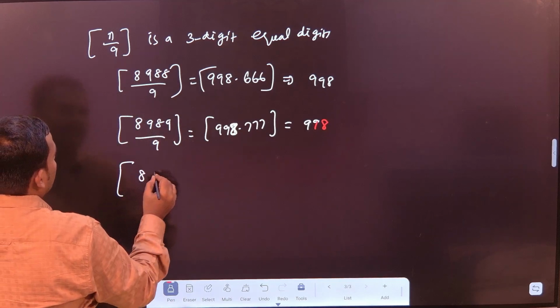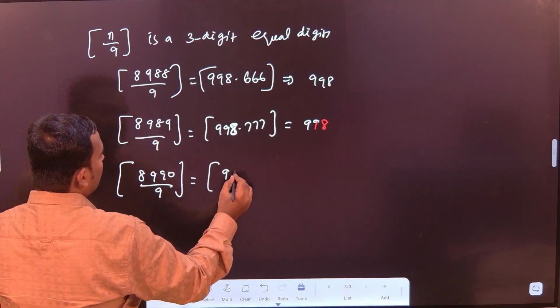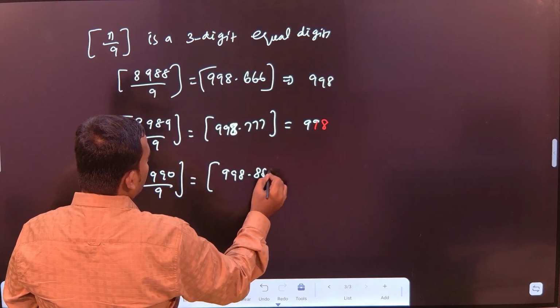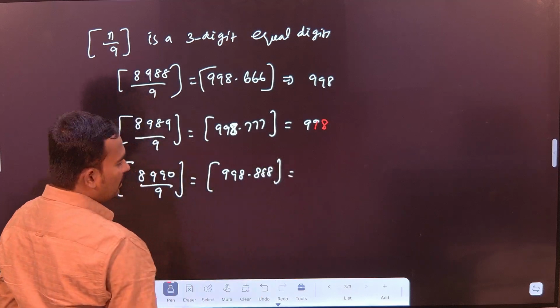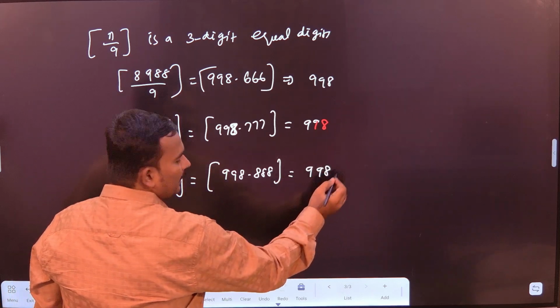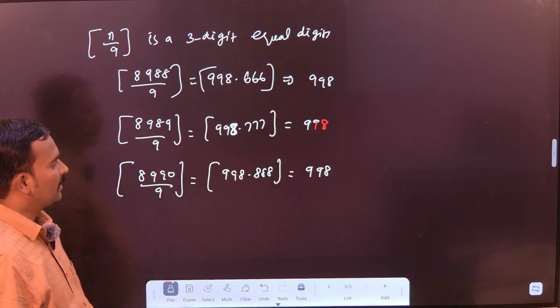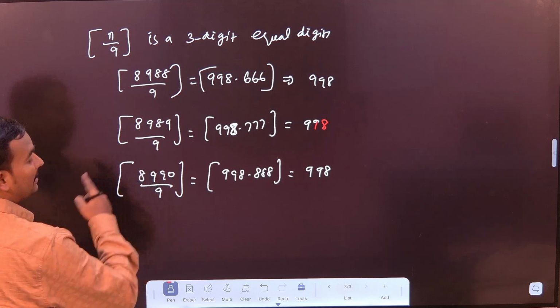If I take 8990 by 9, you get approximately 998.88, so again 998. Again the 3 digits are not the same, so you cannot take this. A suitable n is not there.